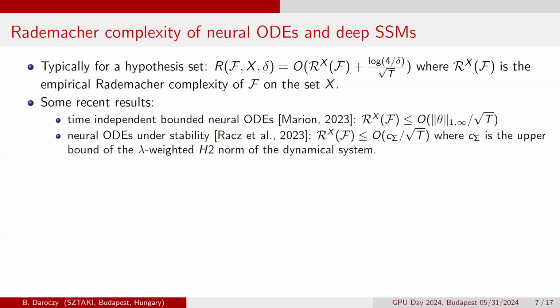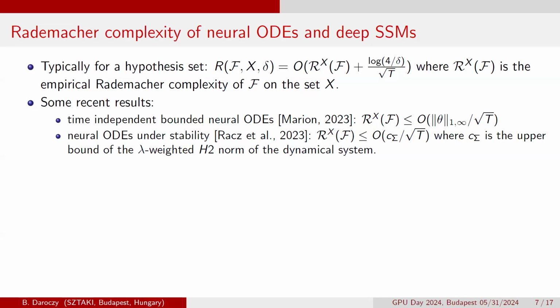The second one is also using a similar neural ODE structure, but under stability, where this C is actually lower than that. Here we use the weighted H2 norm of the dynamical system behind the neural ODE.